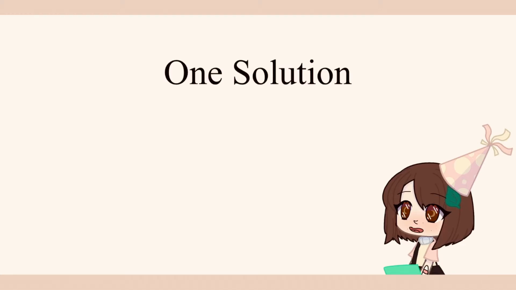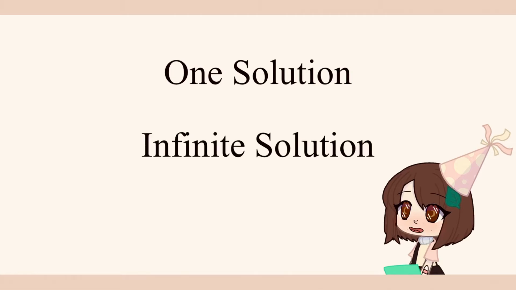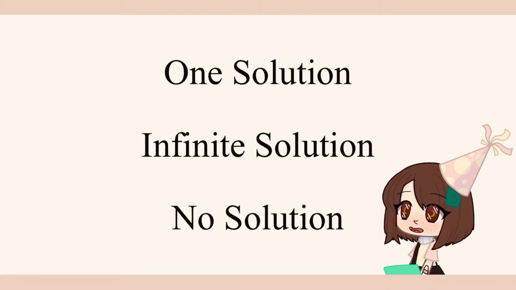Alright, so there are 3 different types of solutions for these kinds of equations. There's some with one solution, infinite solutions, and no solution. An example of one with no solution would be x plus 4 equals x plus 2.